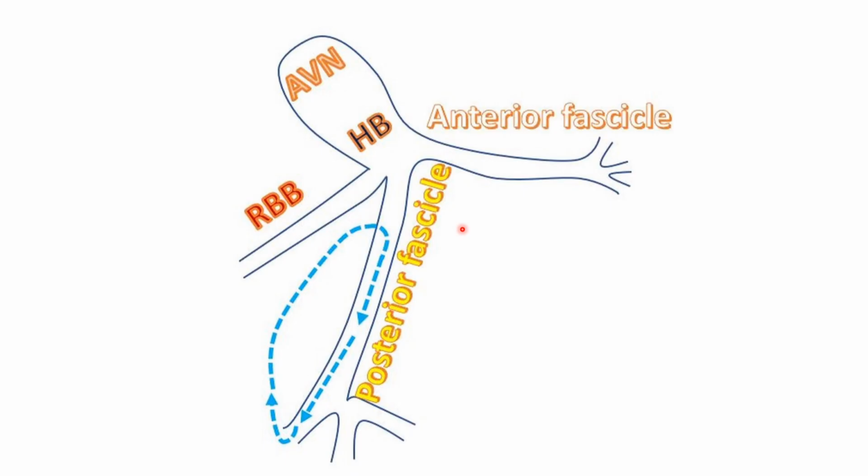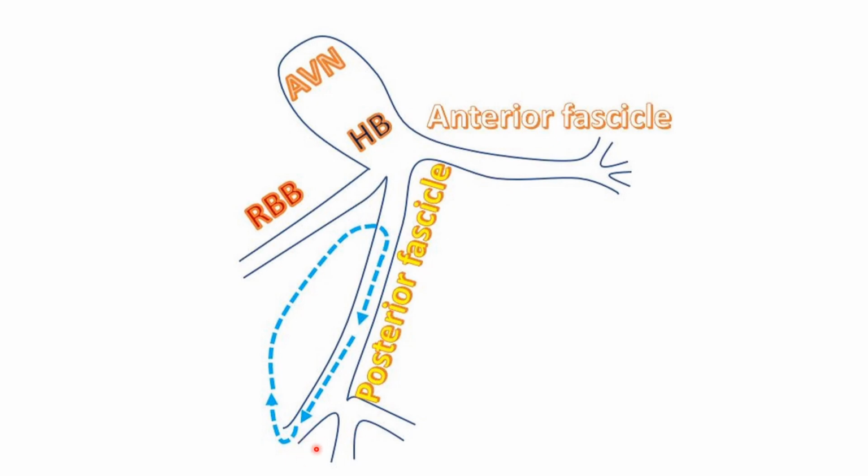This is an illustration of the division of the His bundle. From the AV node, the His bundle arises. It divides into right bundle branch and left bundle branch, which can further divide into two, anterior fascicle and a posterior fascicle.